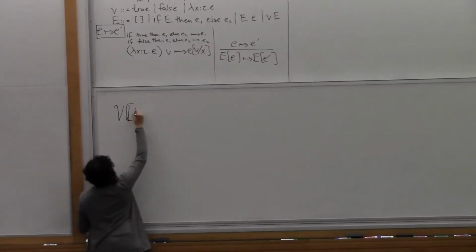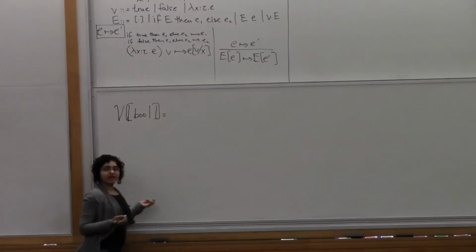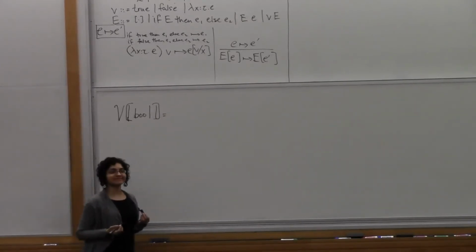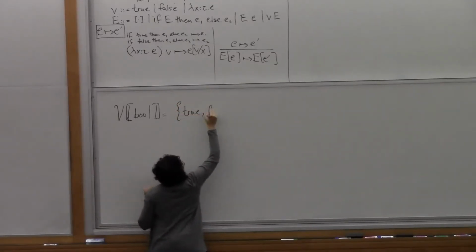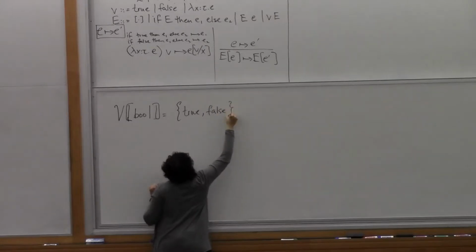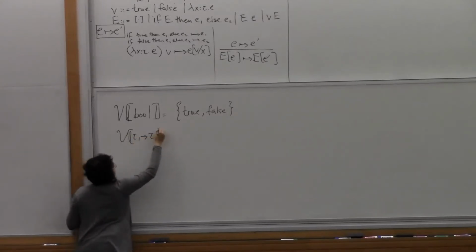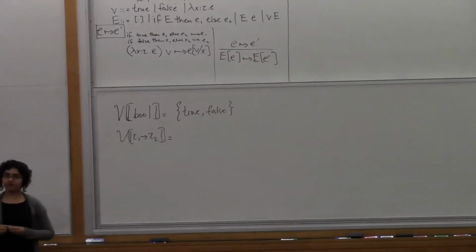So let's start by doing this for bool. So what are the values that belong to the type bool? Okay. All right. Let's do functions. Okay.